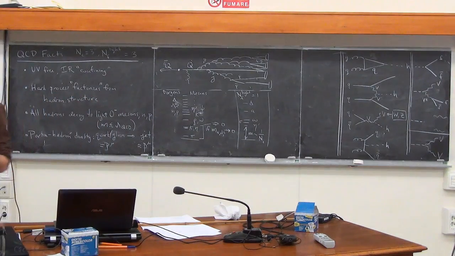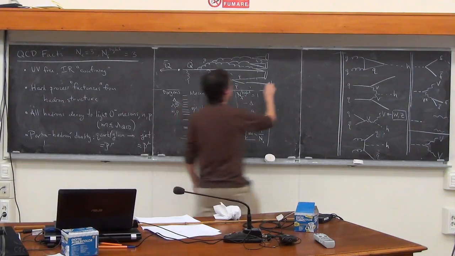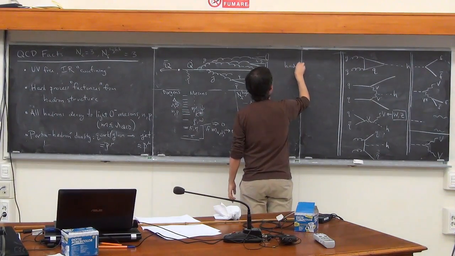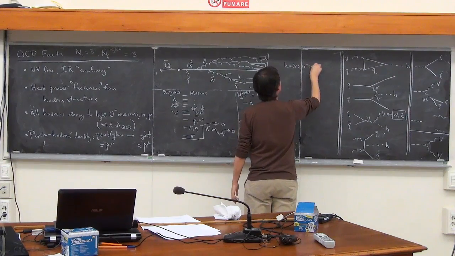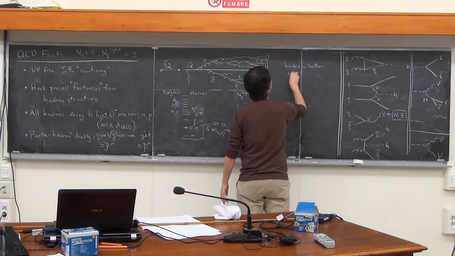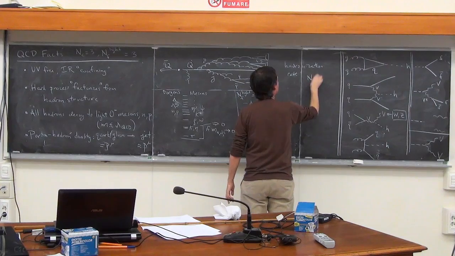So, how easy is it to make such things? Well, the more light quarks you have, obviously the more types of pairs you can make. So, hadronization, the time scale, well, the rate, has an NF light.